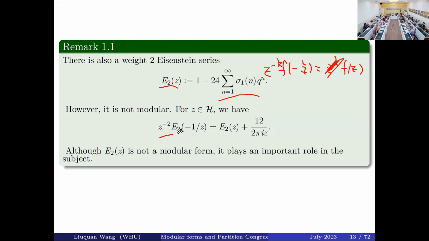However, here, you differ from E2(z) by an extra part. So this means E2(z) is not modular. It is not a modular form. Nevertheless, though it is not a modular form, it still plays a very important role in the theory of modular forms.